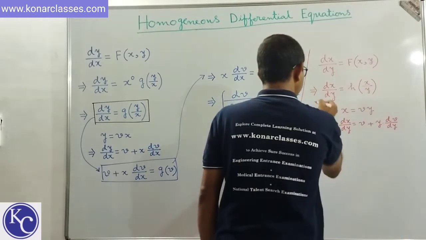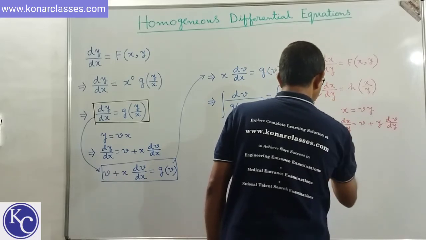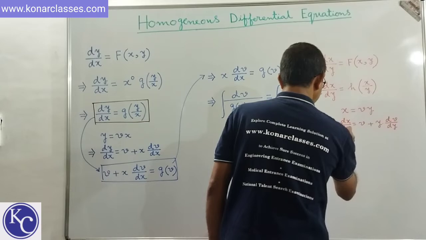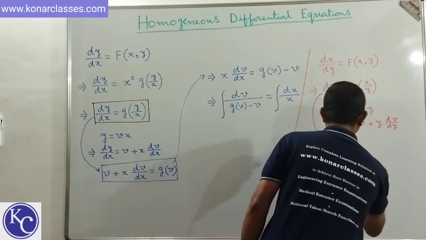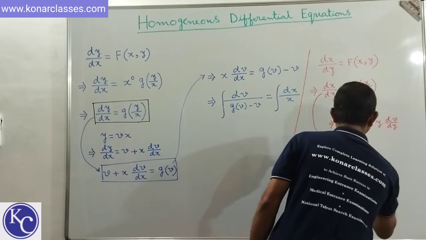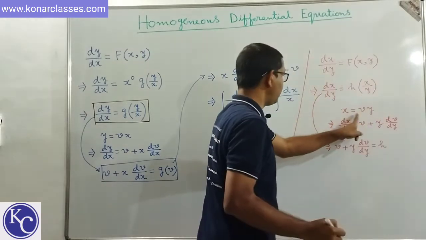Correct? And same thing, here we will apply the value of dx/dy from here. This implies we will get v plus y times dv/dy is equal to h(x/y) is equal to h(v).